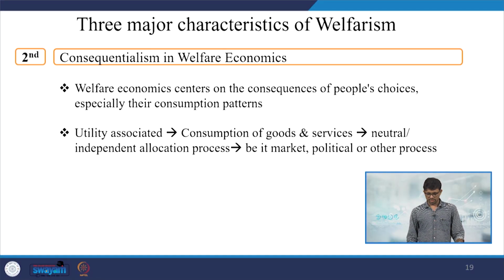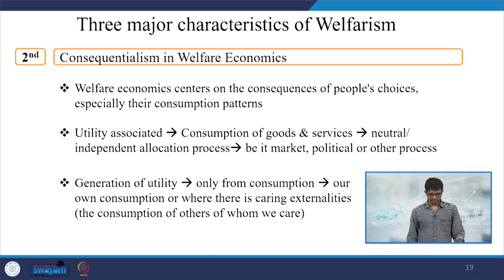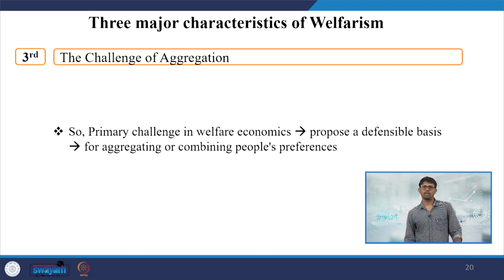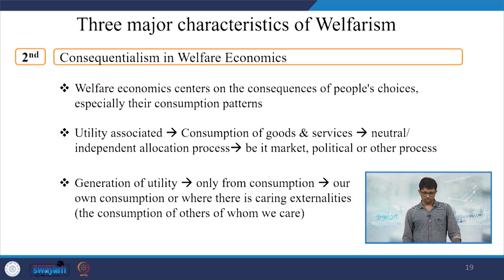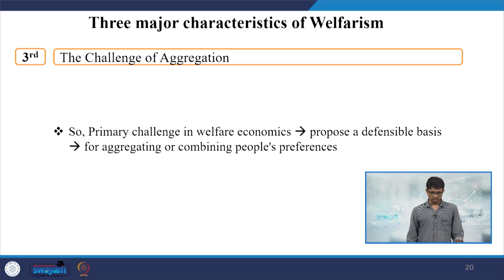So, in every case we will find utility attached to it. Again, utility is generated not only from our own consumption, but also from caring externalities, like the consumption of others of whom we care, which are also part of the consequentialism concept of welfare economics.